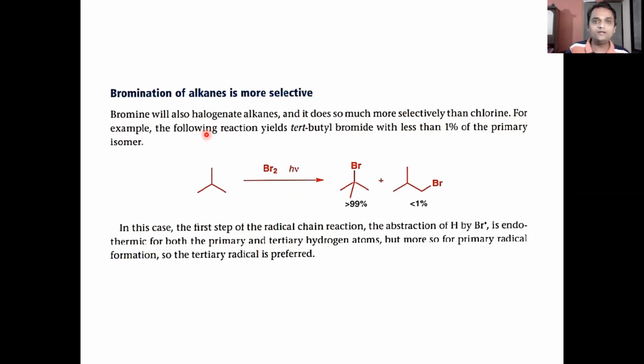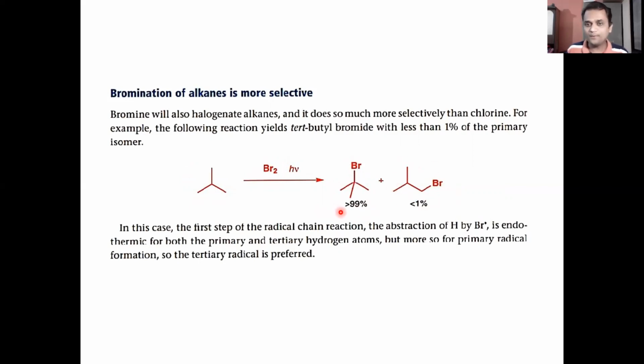For example, the following reaction yields tertiary butyl bromide with less than 1% of the primary isomer. So this is isobutane. That isobutane undergoes bromination in the presence of light. So this is the tertiary isomer and this is the primary isomer.